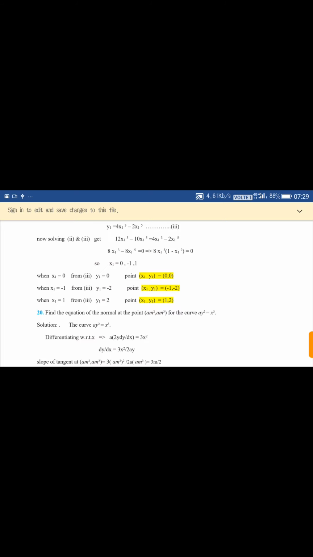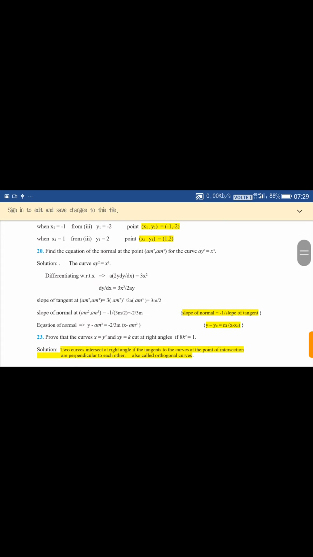Similarly, when x1 = −1, then y1 becomes −2 from third. So the point (x1, y1) becomes (−1, −2). Similarly, when we take x1 = 1, from third we get y1 = 2. So the point (x1, y1) is (1, 2). Thus here we have three points: (0, 0), (−1, −2) and (1, 2).